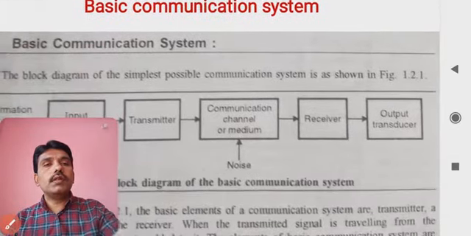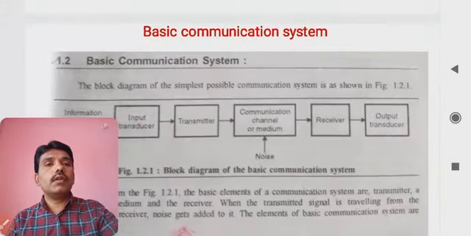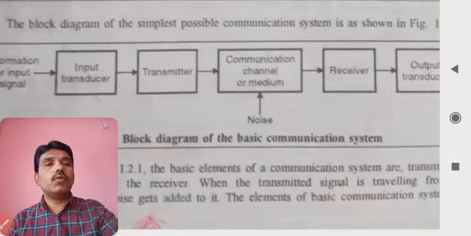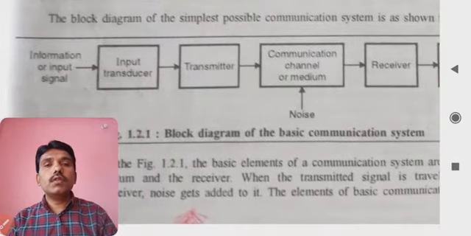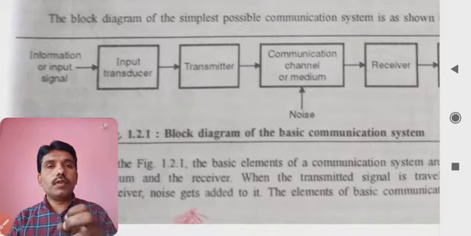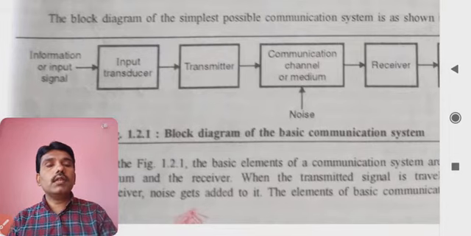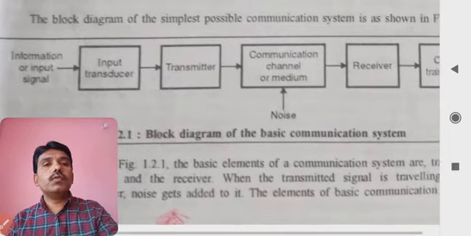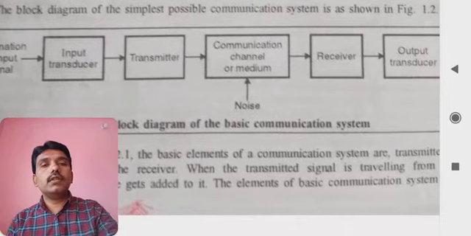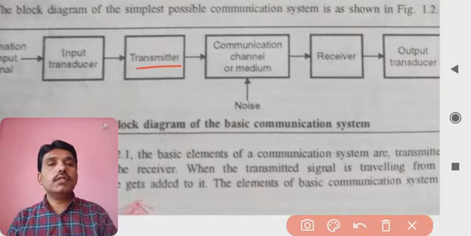To understand the basic communication system, we use the block diagram, which gives us a clear idea about how the communication takes place. First is the input signal, which we collect either in sound waves, picture form, video, or any electrical signal, and for that the input transducers are used. Then it goes to the transmitter to be transmitted.